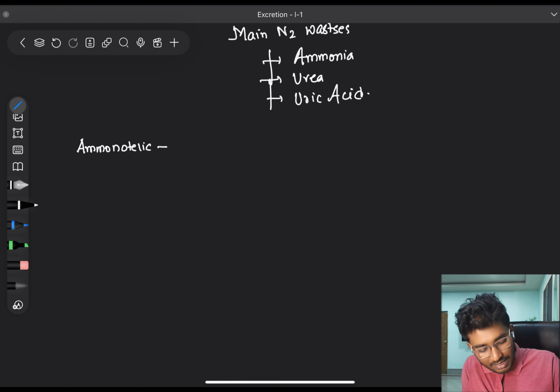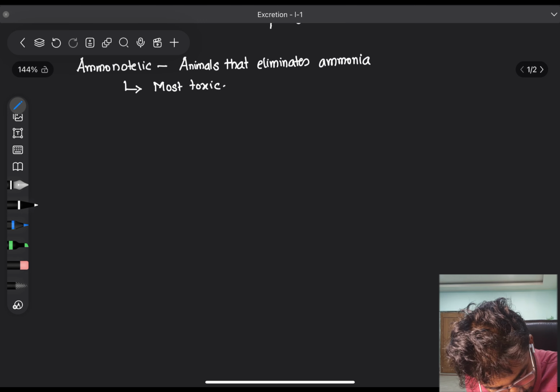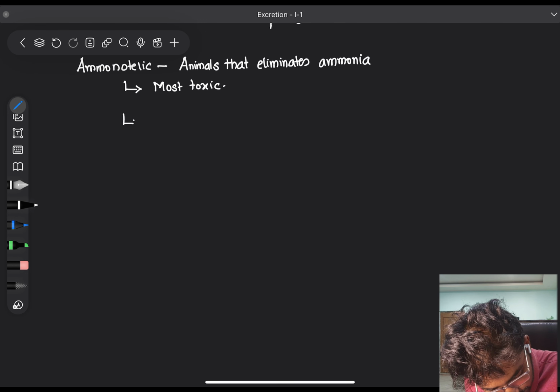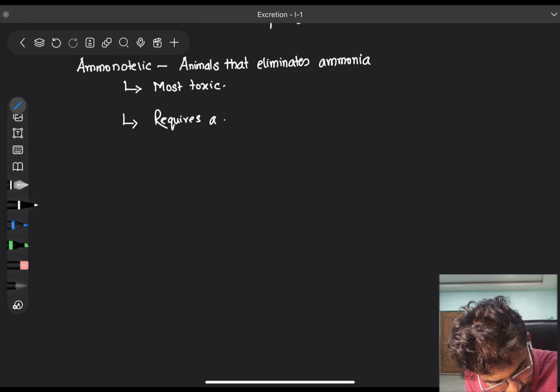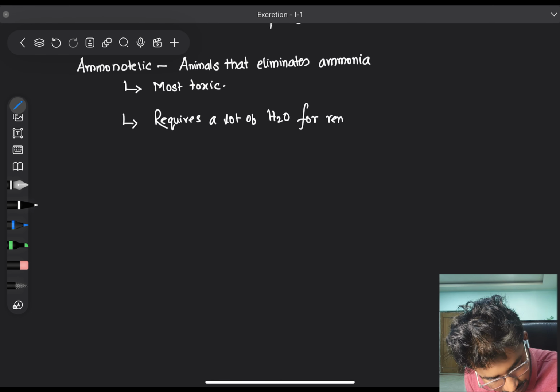Now, what do you mean by the word ammonotelic? Ammonotelic animals are animals that eliminate ammonia. It is most toxic, and it requires a lot of H2O for removal.